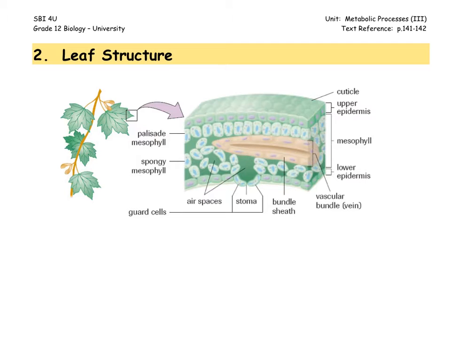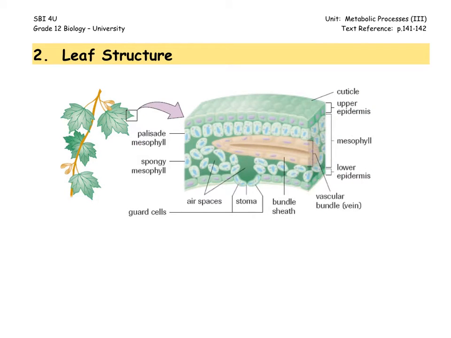Now we're going to get into what are called collectively the mesophyll layers. The mesophyll, I think, means middle. So in the middle, in between the epidermal layers, we're going to see two different and distinct types of cells. We're going to see what's referred to as the palisade mesophyll. Notice that those cells are nicely and neatly organized and are right beneath the upper epidermis.